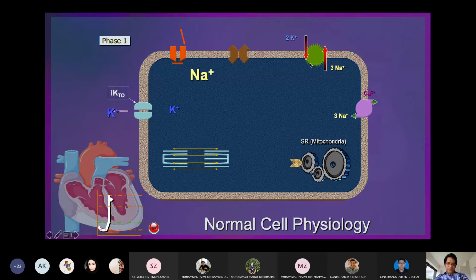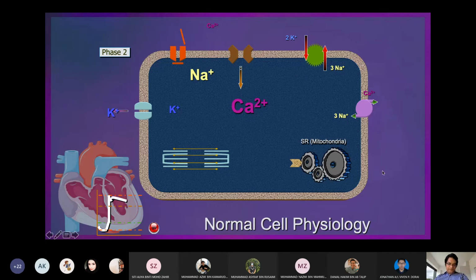Simultaneously, while potassium is going out, sodium should be coming in. So what happens in phase 2? The plateau phase, entry of calcium. Very good. In the plateau phase, there should be an entry of calcium. Clear?